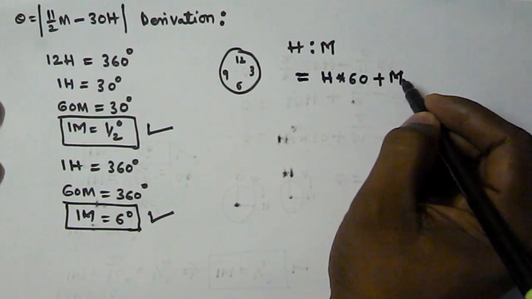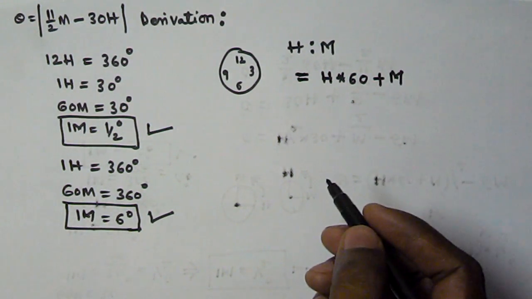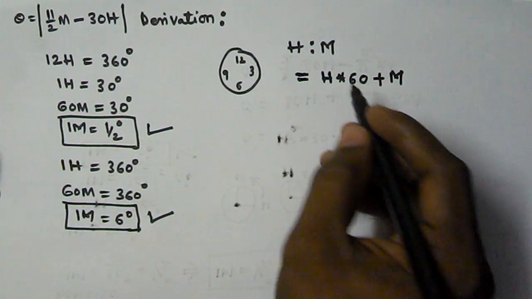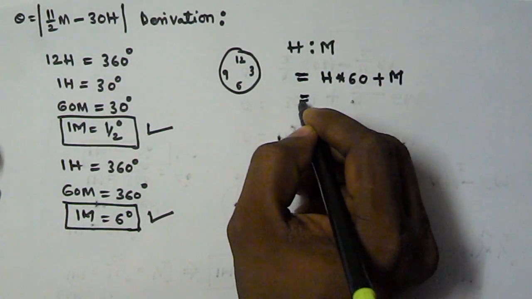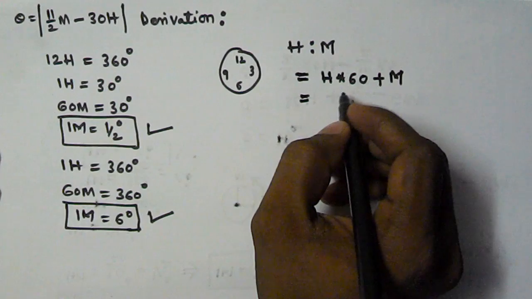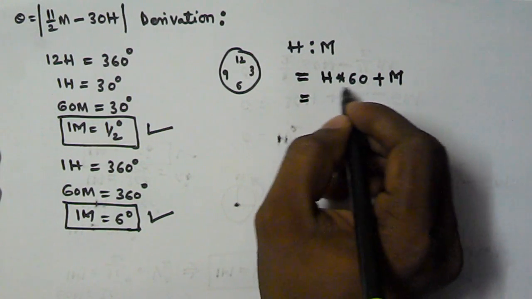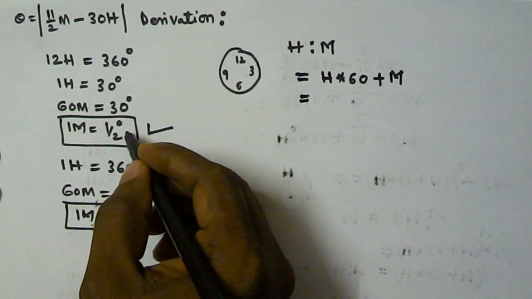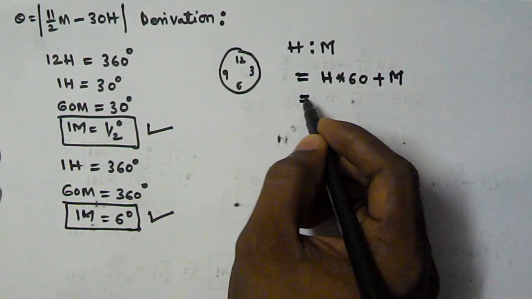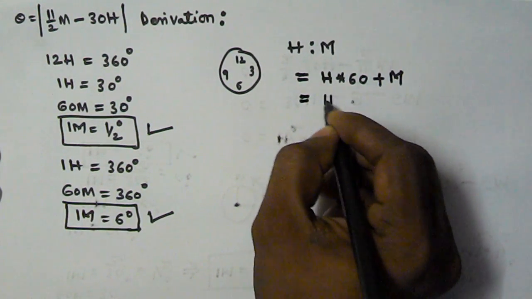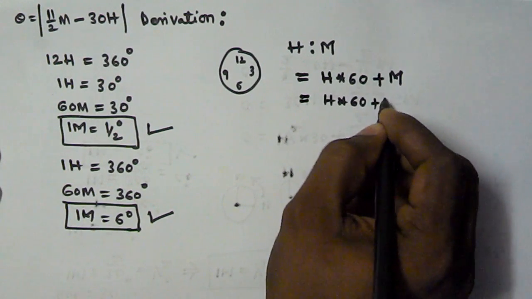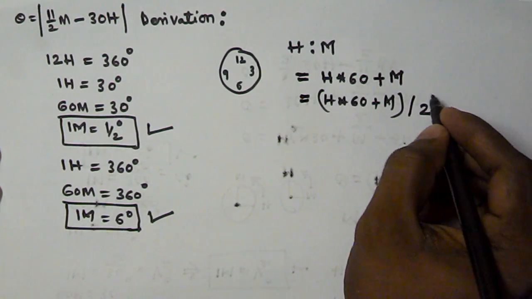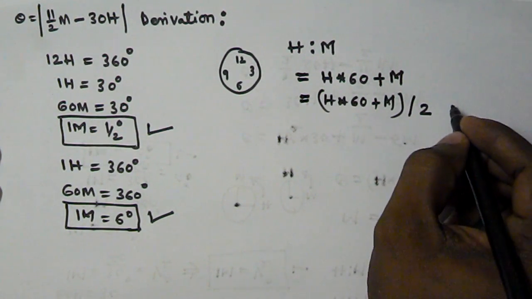So these are the total minutes traveled by the hour hand. To find the angle covered in those minutes, we multiply by 1 by 2, because we want the angle covered by the hour hand. So that is (h into 60 plus m) by 2. These are the total degrees covered by the hour hand.